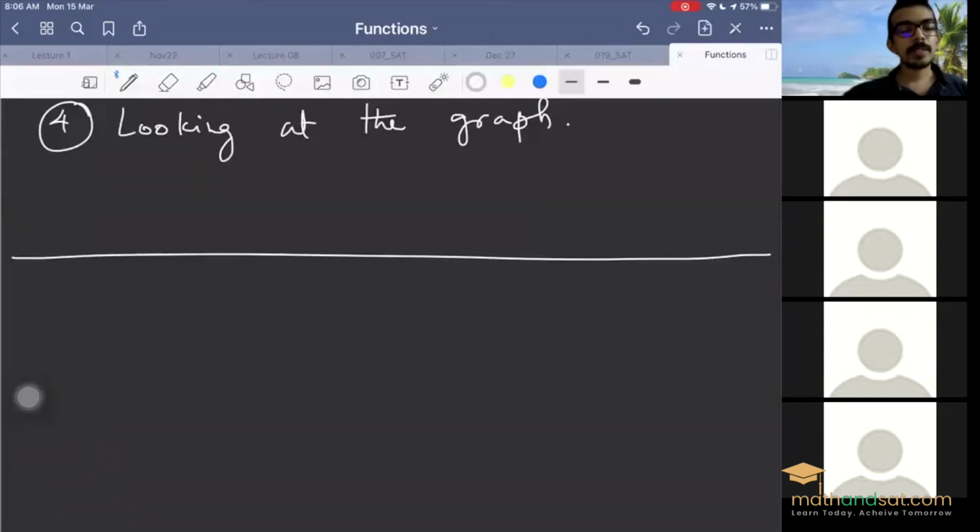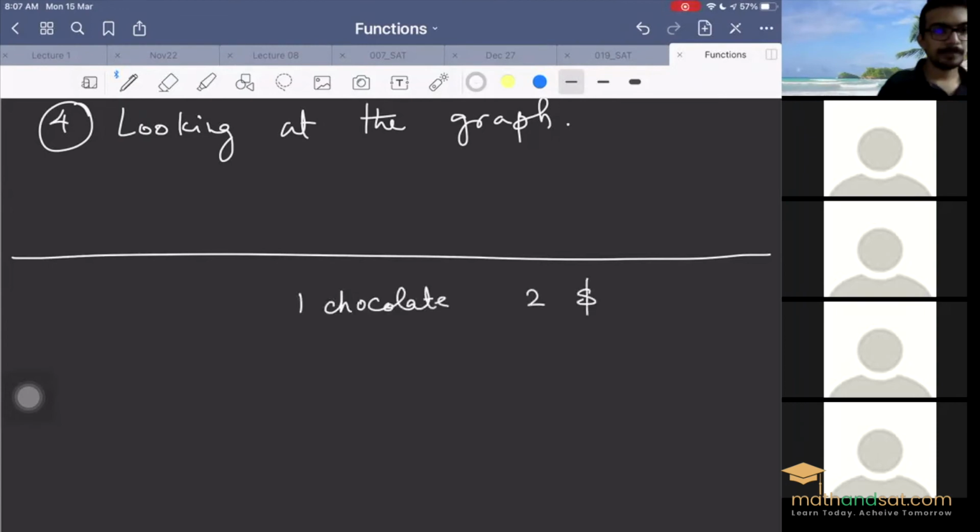One example is when you have a proportional relationship. For example, say you can buy one chocolate for $2. I can buy 2 chocolates for $4.